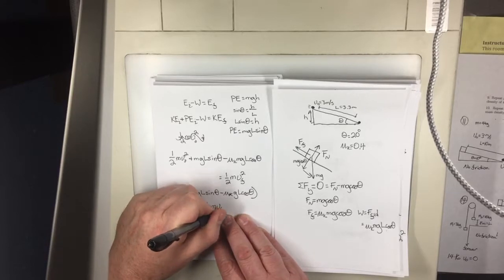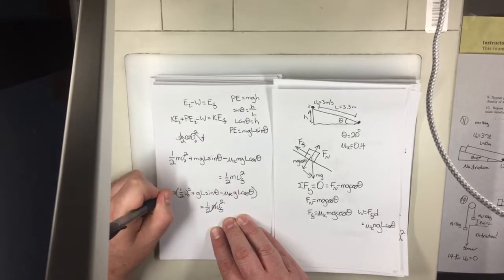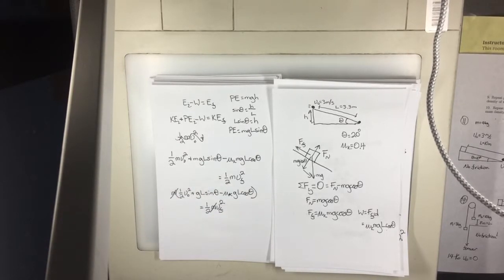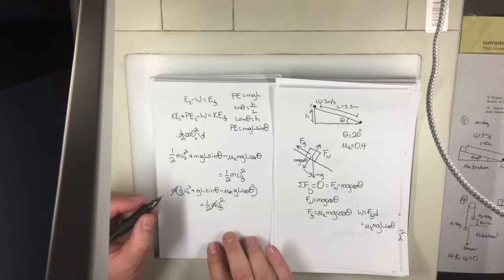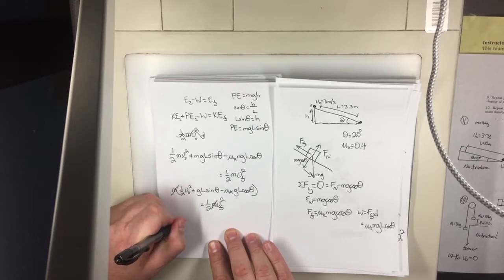I know, it's a long one. Those m's cancel, and so it's not necessary to know the mass of the object. I'm going to multiply by 2 just to get rid of the fractions.